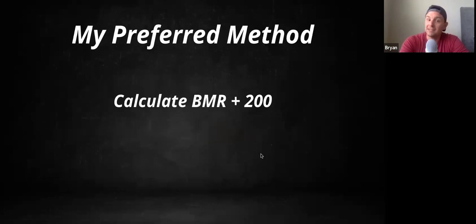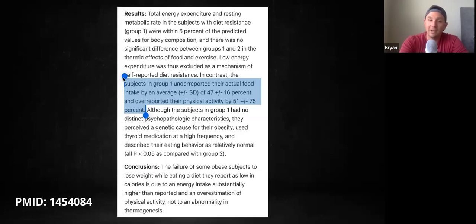The reason being, when it comes to how we humans report our calorie intake and our exercise, let me quote it directly here: people underreport actual food intake by an average of 47%, give or take 16%.